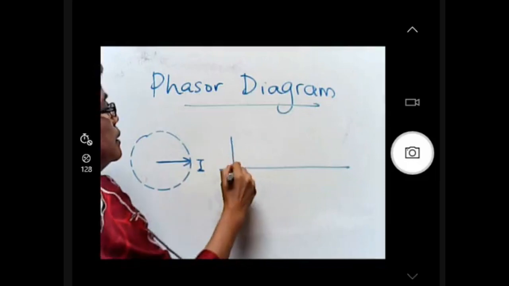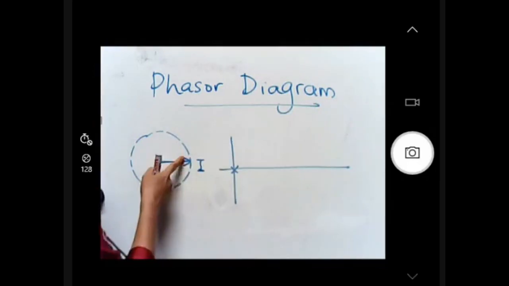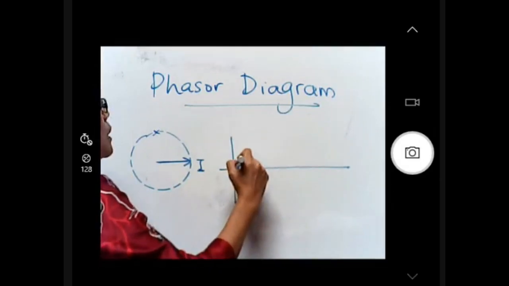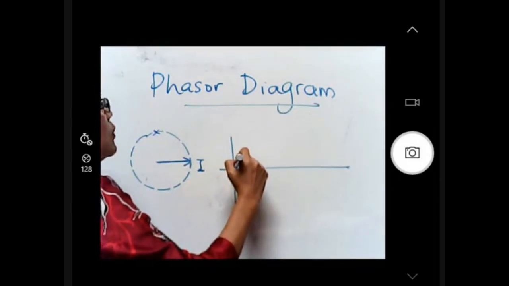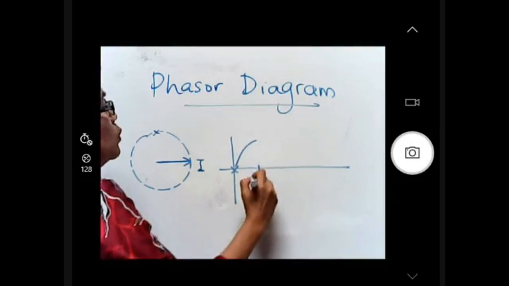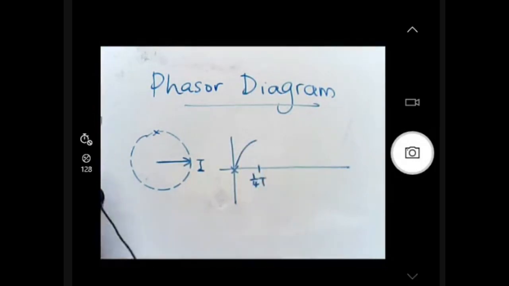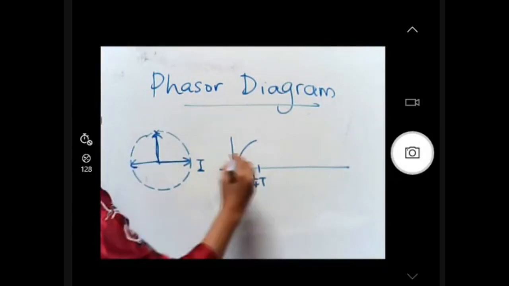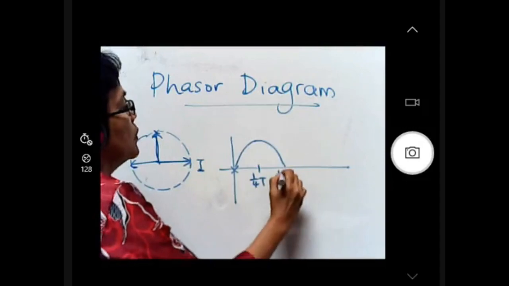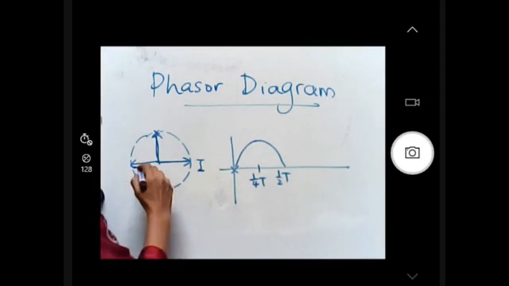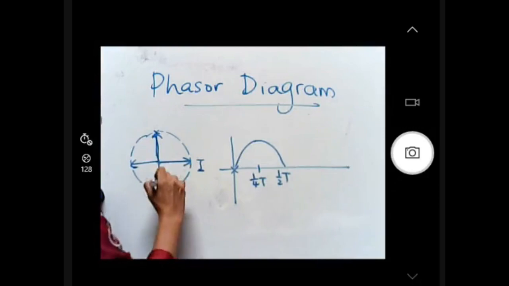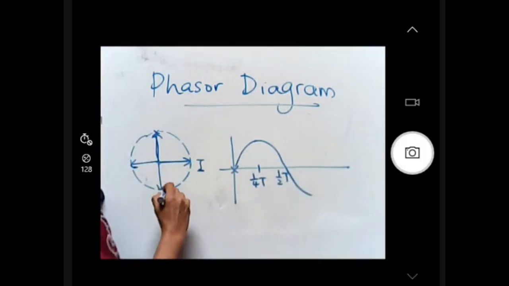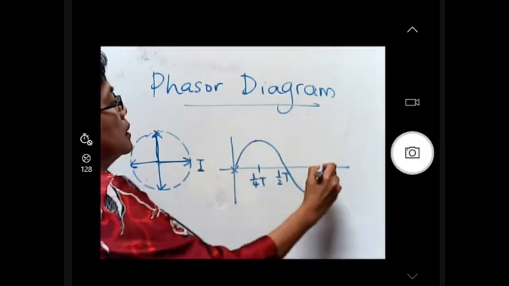So here time is 0. As it goes up to here, it will take a quarter period. So this will be 1/4 period, and for it to reach this point, it will take half period. After that, it rotates until here, and then comes back here and a cycle is completed.